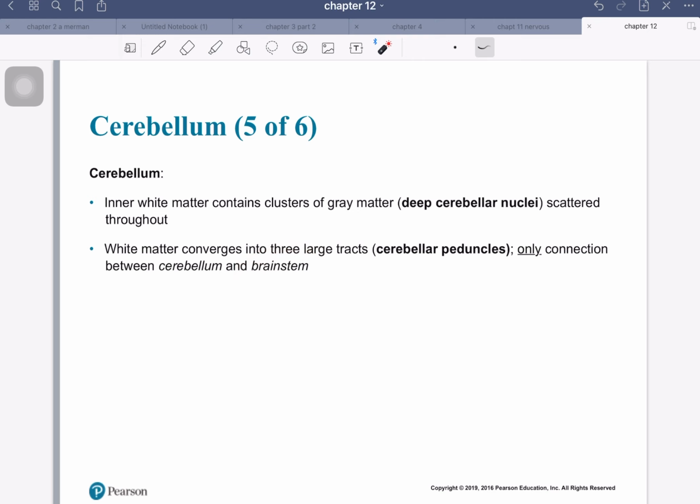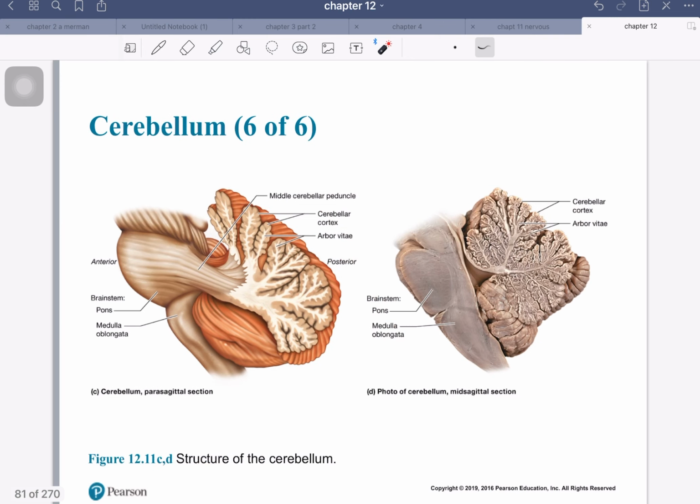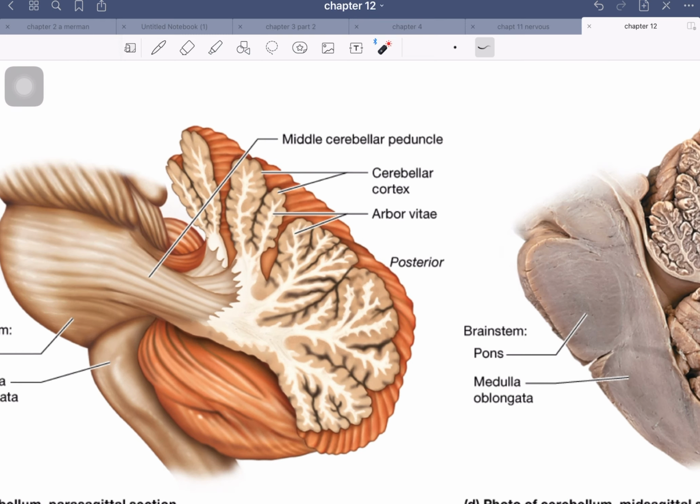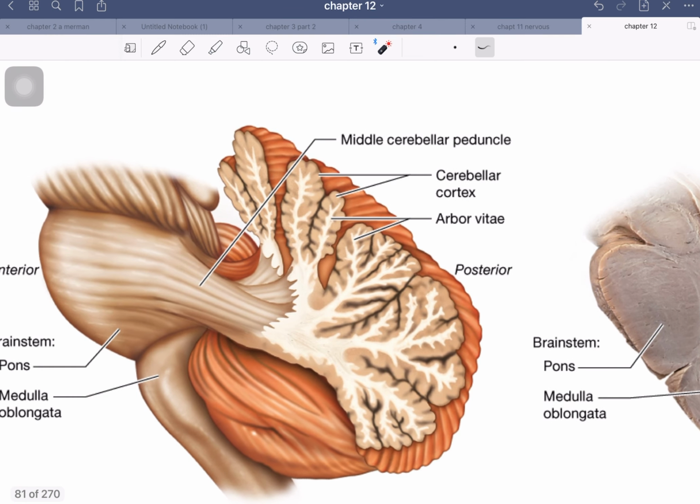So all information going into and coming out of the cerebellum has to pass through these large tracts. Here's a side view with a cut section. On the surface there's a lot of gray matter, but here are all these white matter tracts that carry information in and out.